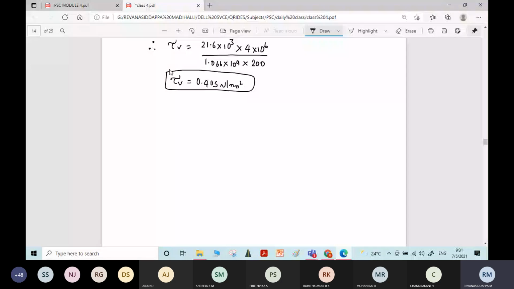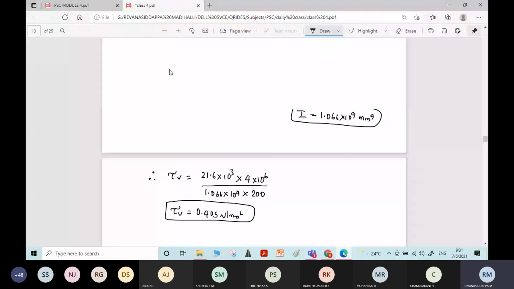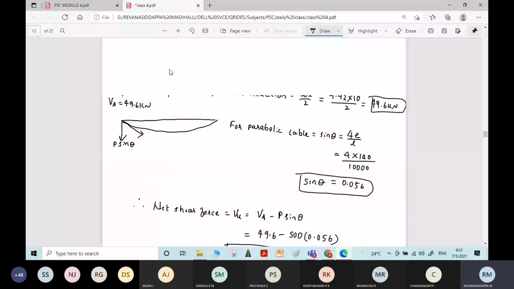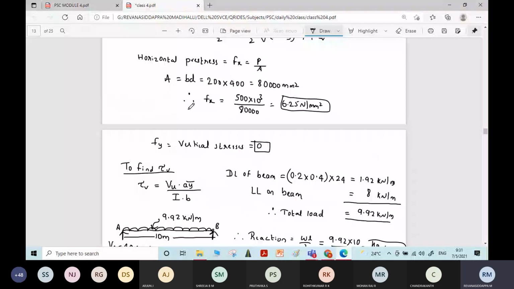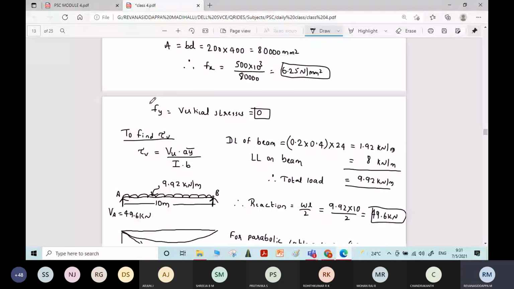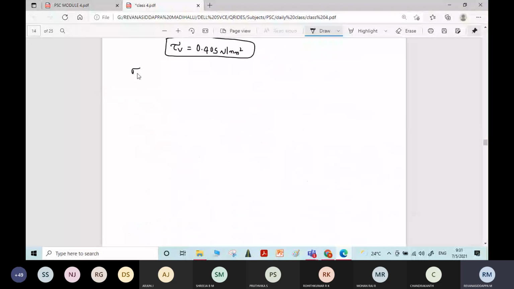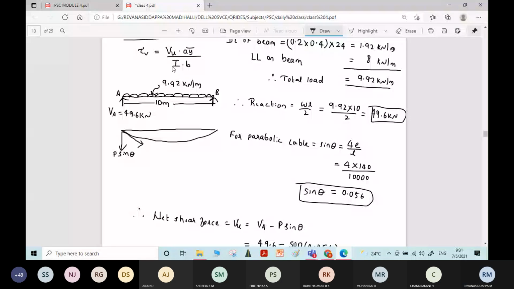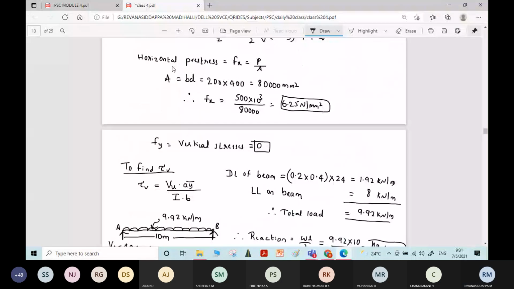Okay. Now you can find principal stresses, sigma max or sigma minimum. Every parameter is known. Now just substitute and get the answers. First you find sigma max. Sigma max is equal to fx plus fy divided by 2 plus half of root of fx minus fy whole square plus 4 tau v square. Fx value is 6.25. Fy is 0.